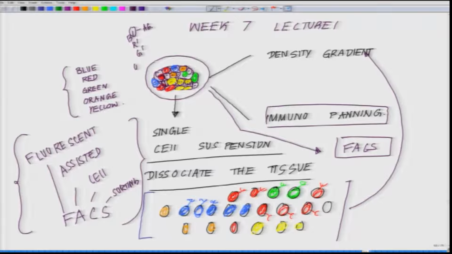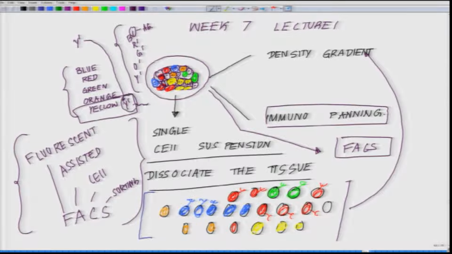Now, if I bring Y prime into the game, it will adhere only to the yellow cells, no issues.